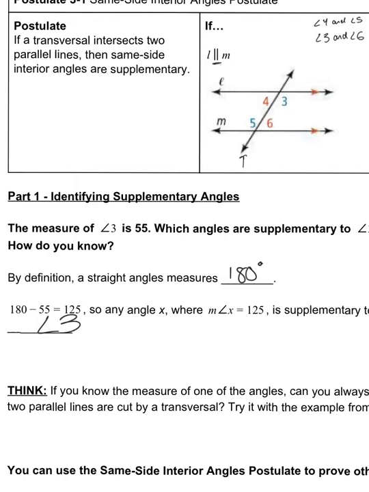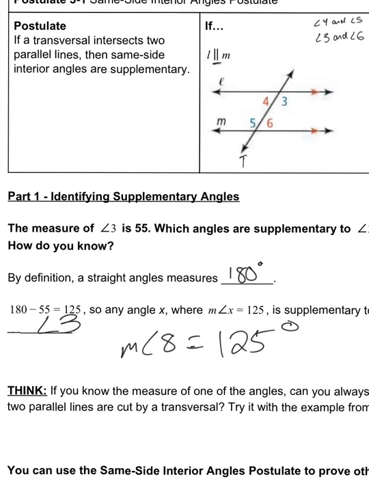Angle 3. We're talking about angle 3. But yes, you're exactly right. So angle 8 has a measure of what? Not 55. 125. Okay, because it is supplementary.